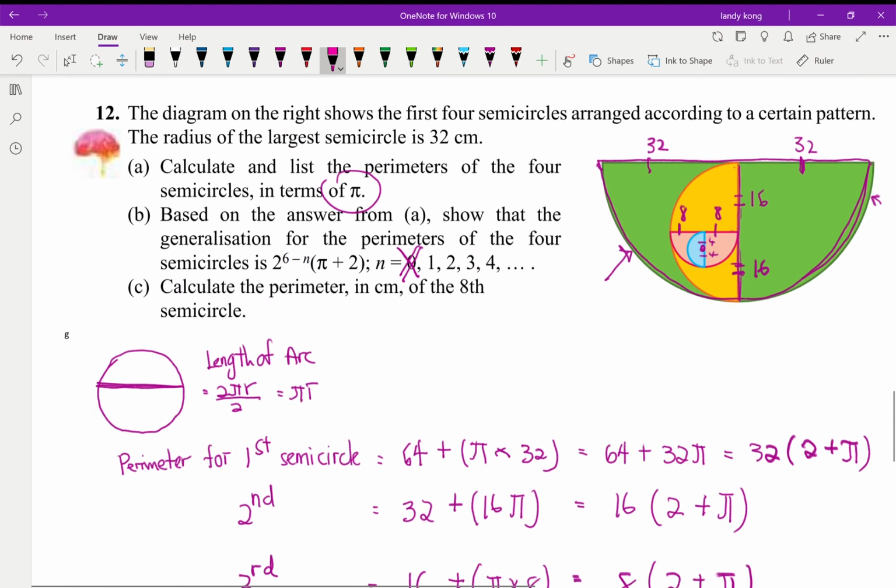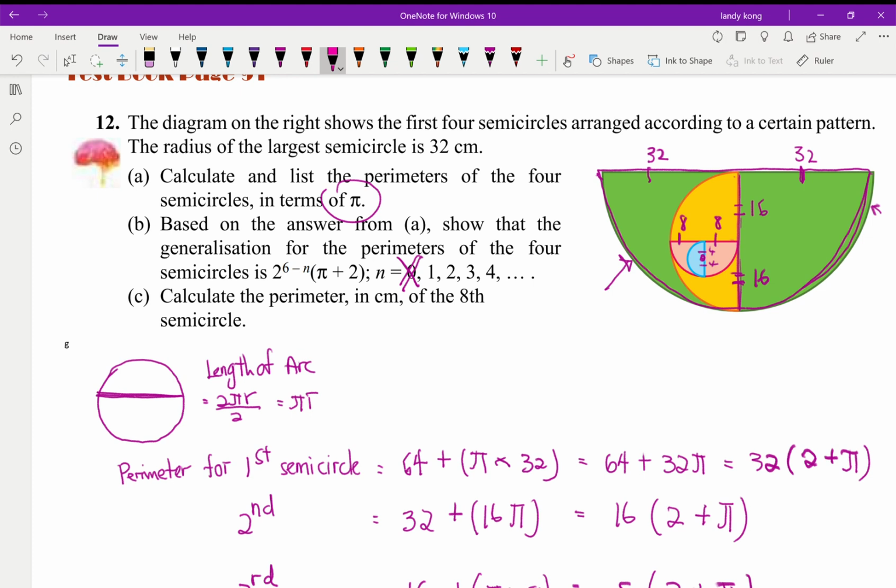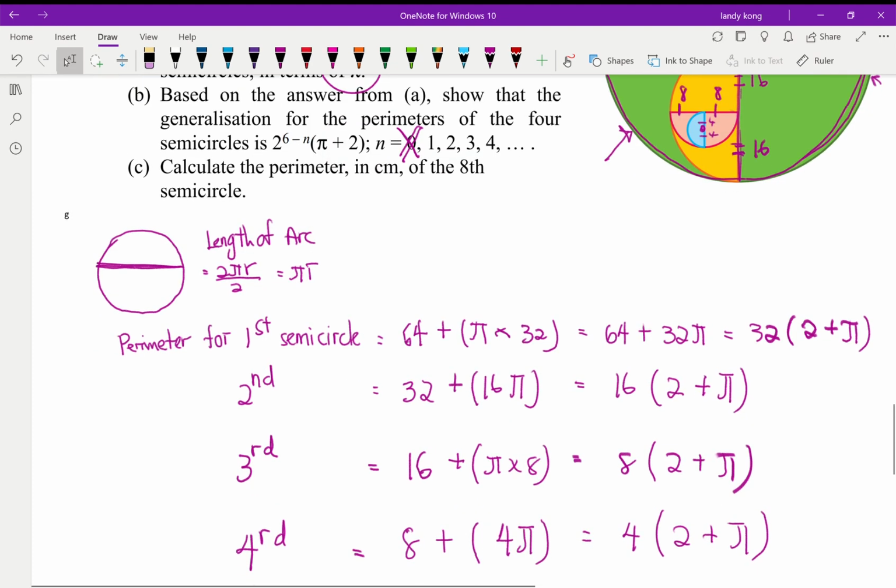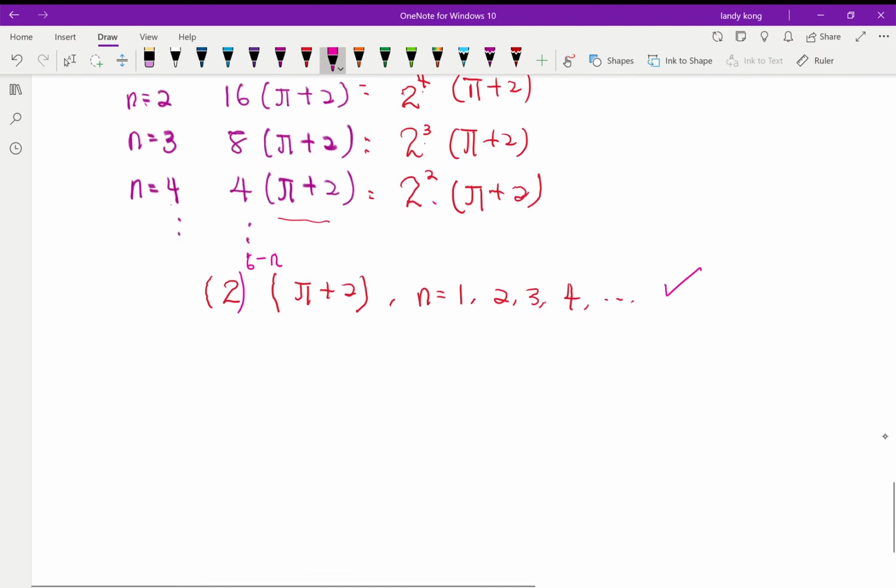Okay, lastly, we come to question C. Calculate the perimeter in cm for the 8th semicircle. So our n equals 8. Substitute into the equation: 2 to the power of 6 minus 8, times (pi plus 2).